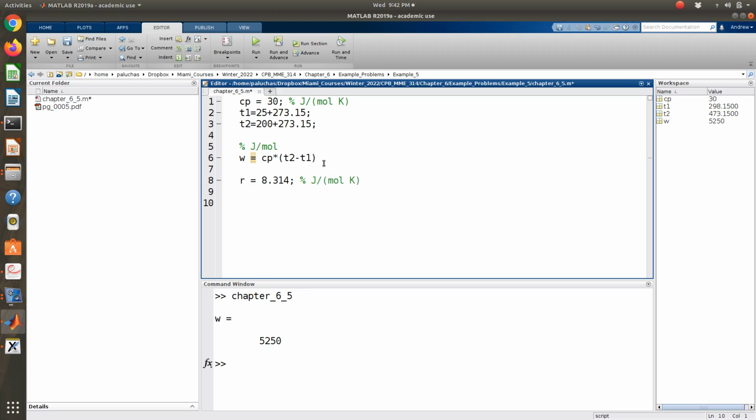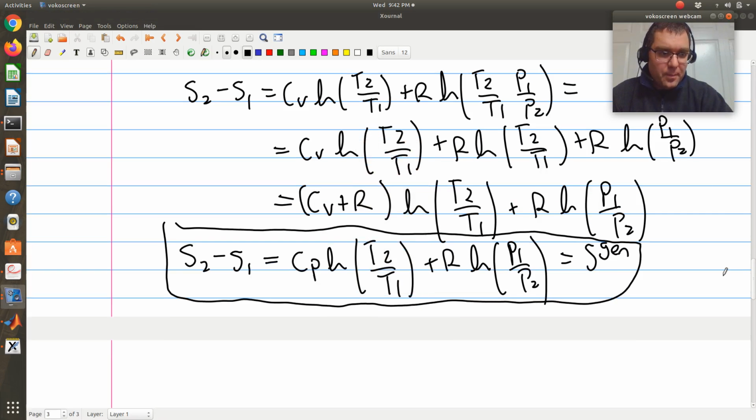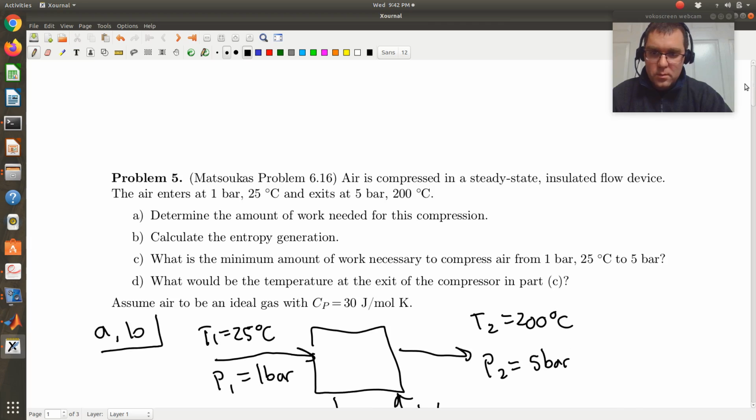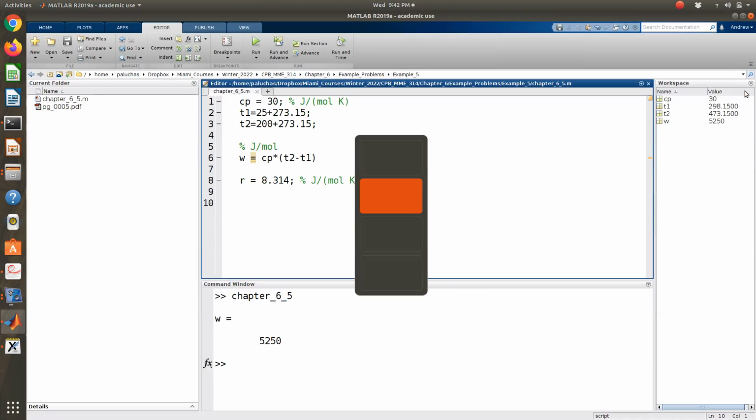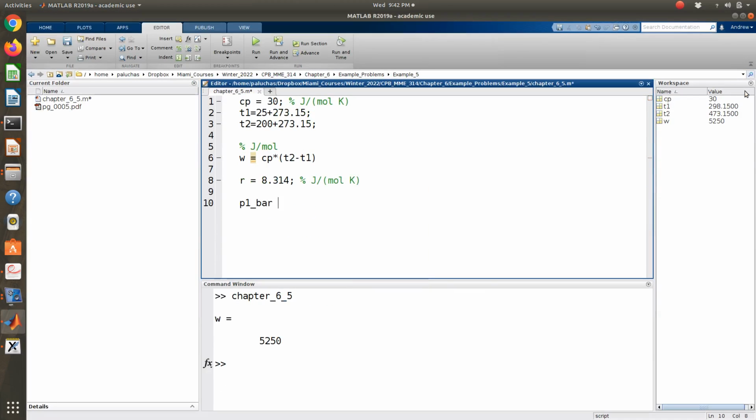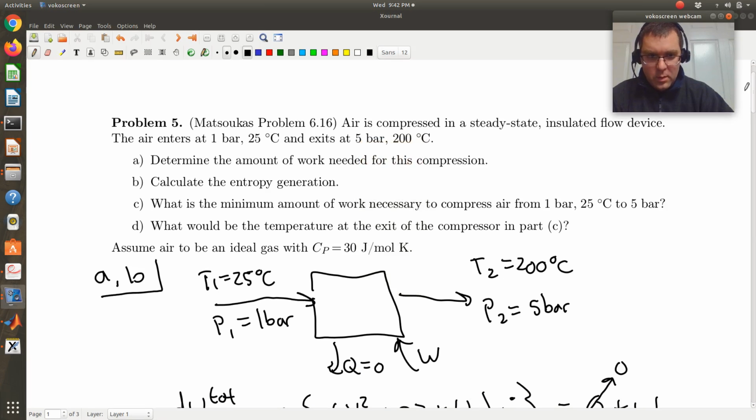Let me get my pressures. P1 in bars is 1. P2 in bar is 5.